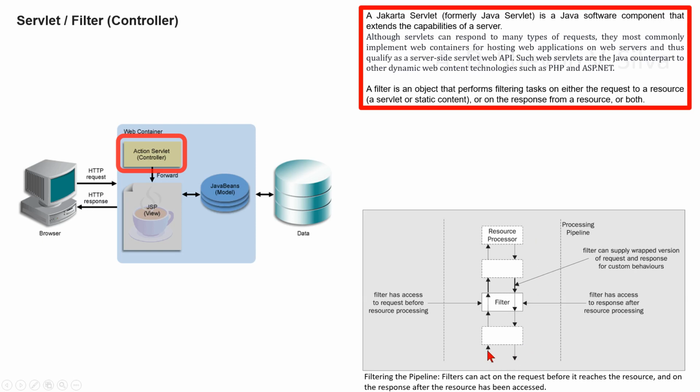Here you can see it's connected to the filter, and this filter is connected to this one, and here the filter has access to request before resource processing. This filter is connected to resource processor, and resource processor is connected to this filter, and here the filter can supply wrapped version of request and response for custom behaviors.